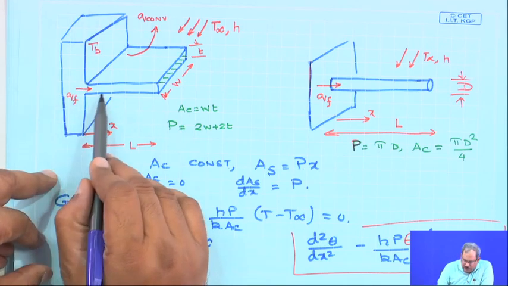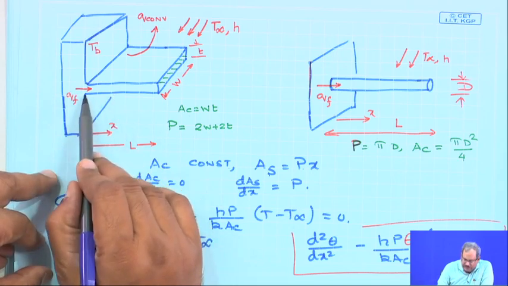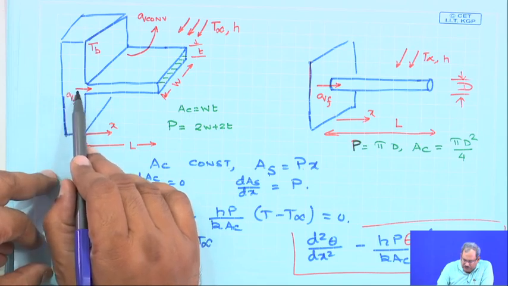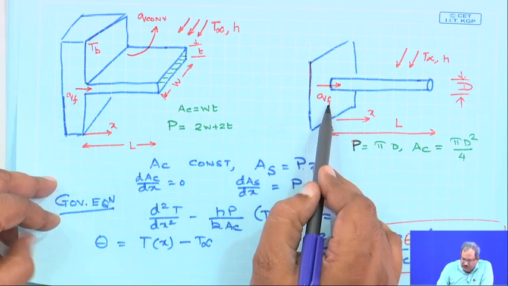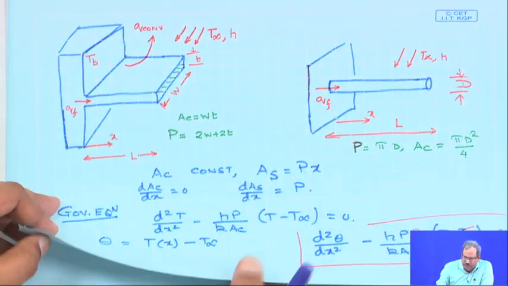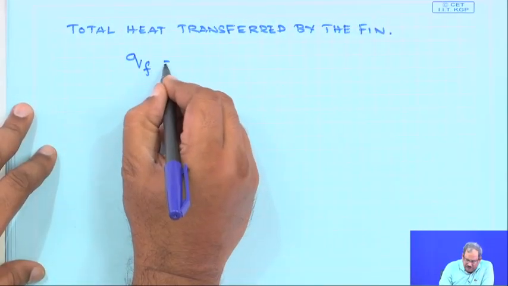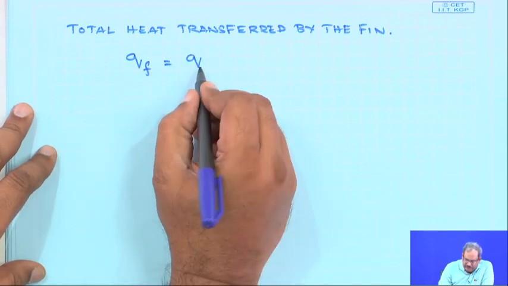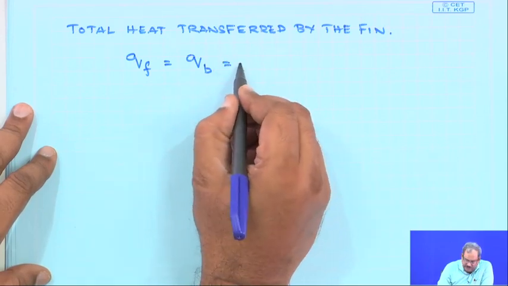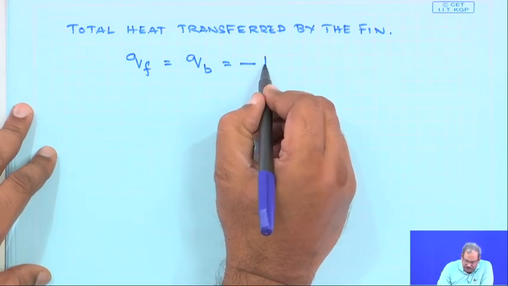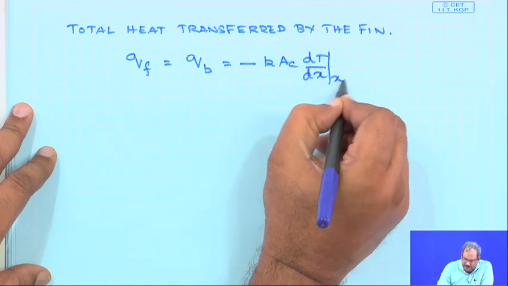I would like to know how much heat the fin can dissipate when it is attached to the base. That must be equal to the conductive flow of heat into the fin from the base, denoted by QF. QF is nothing but the amount of heat taken up by the fin at the base at steady state by conduction. So, this must be equal to K AC dT dx at x equals 0.